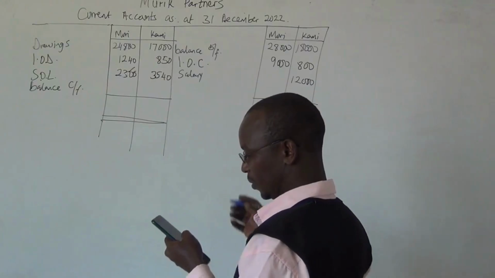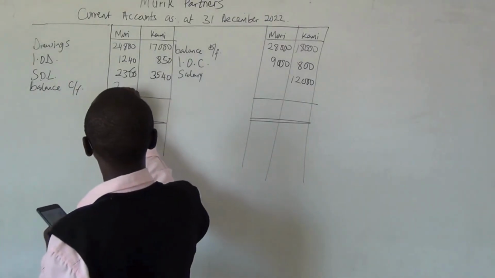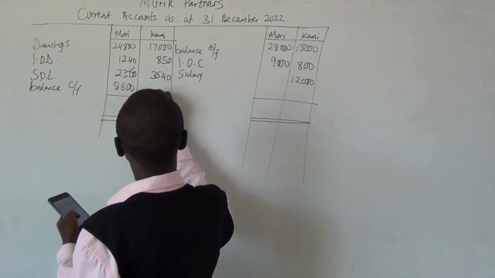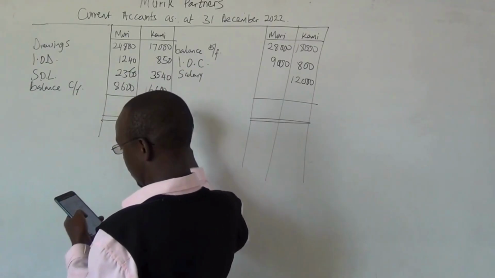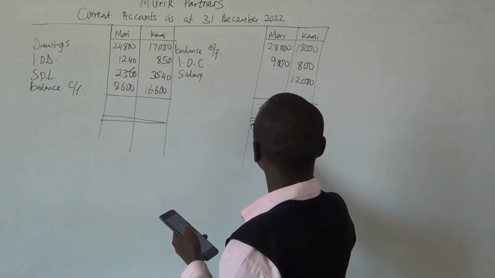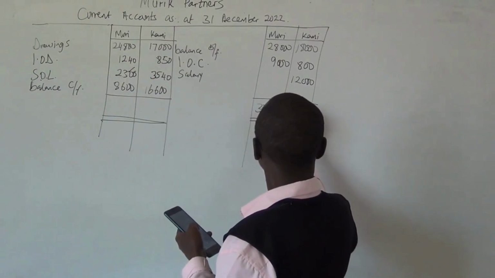So for Muri it is 8,600, and for Kami, 16,600, with a total coming to 37,000 here and 38,000 here.